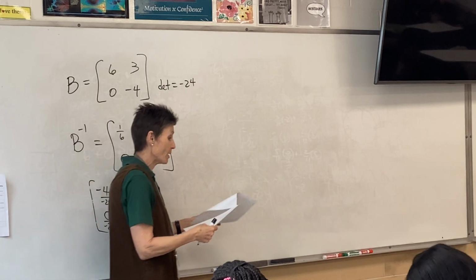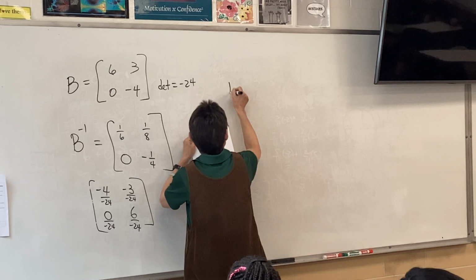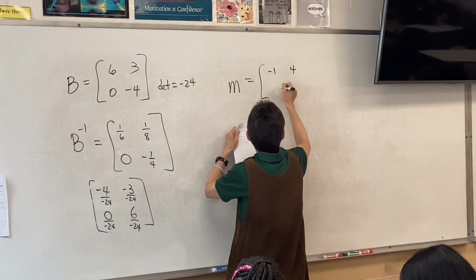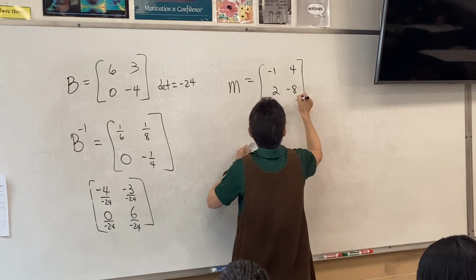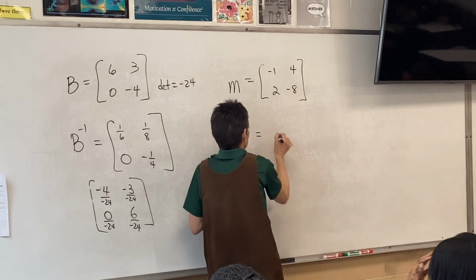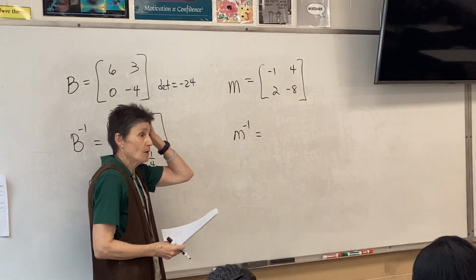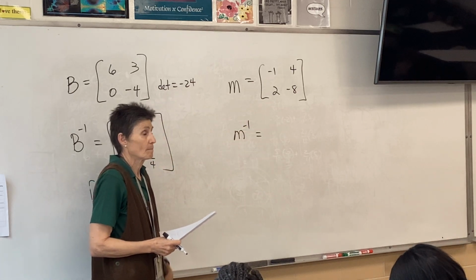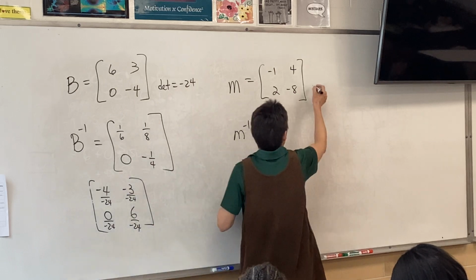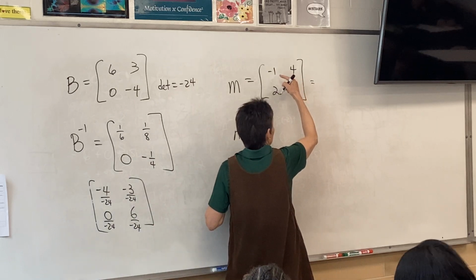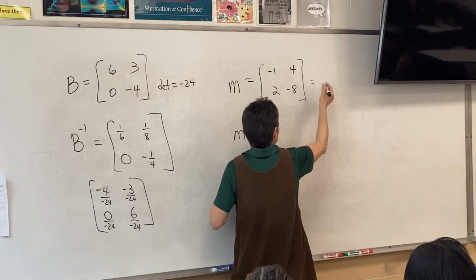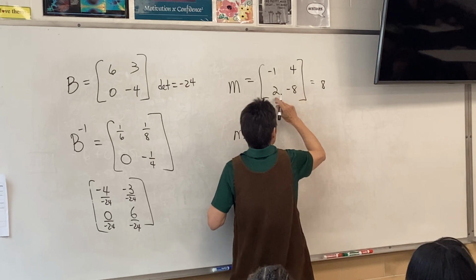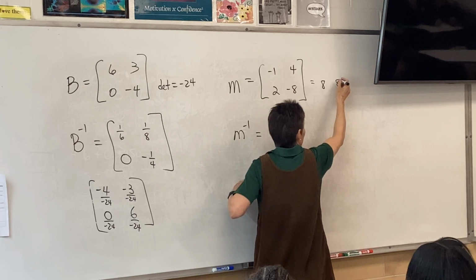All right, now let's do M. Here's matrix M. This is problem 5. This is what I was talking about a minute ago. Your job is to find the inverse. What's the determinant of that? That would be 8.